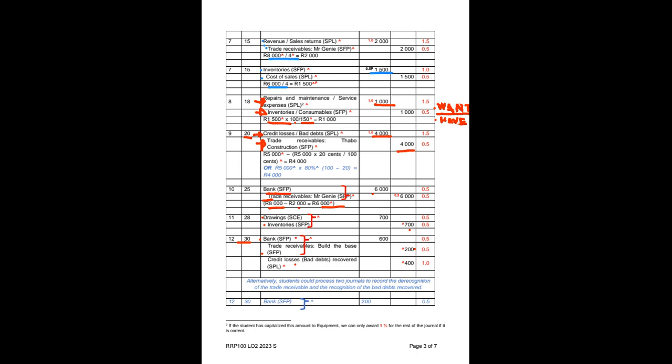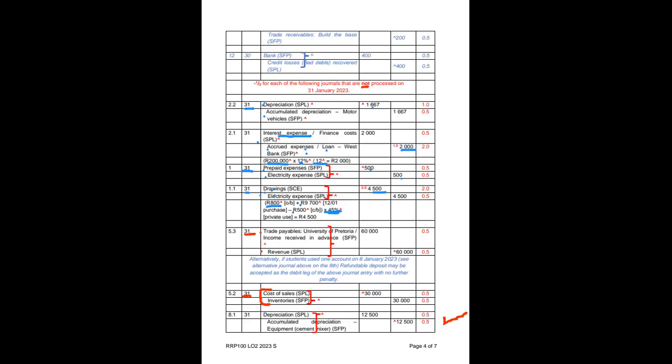So this is a combination journal, but that is how we're supposed to record that transaction. So if you did not have credit losses recovered or bad debts recovered, you clearly did not understand what the question was asking. So you have to be super careful about what the question is asking.